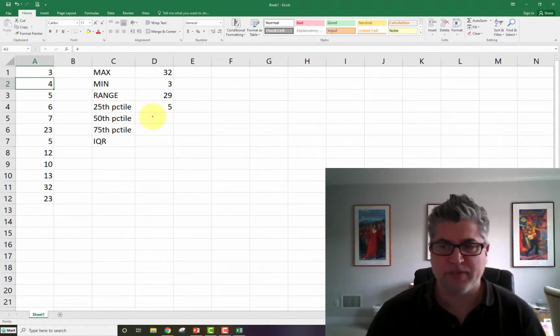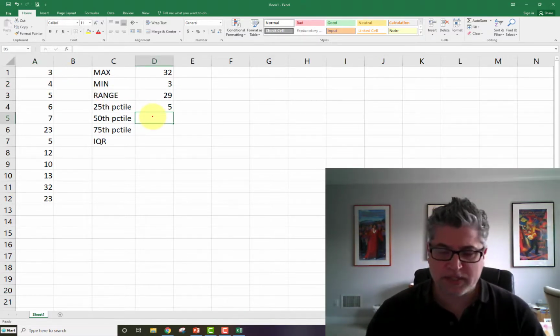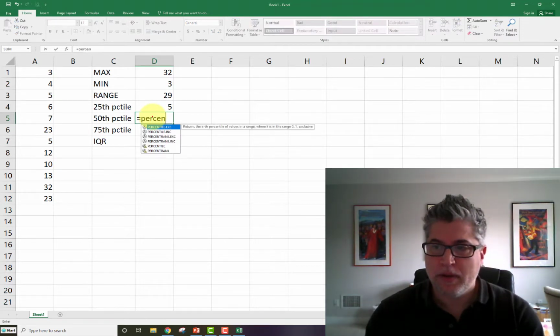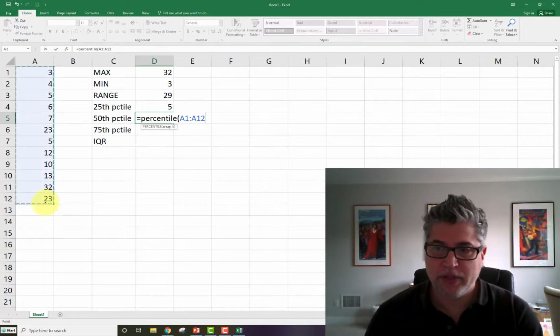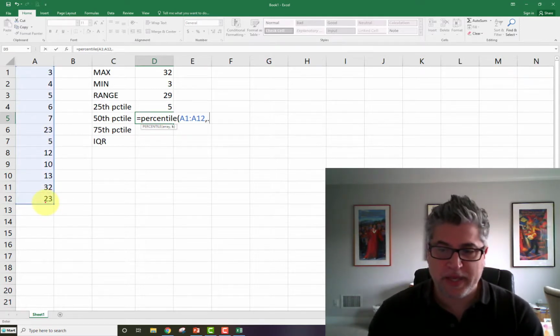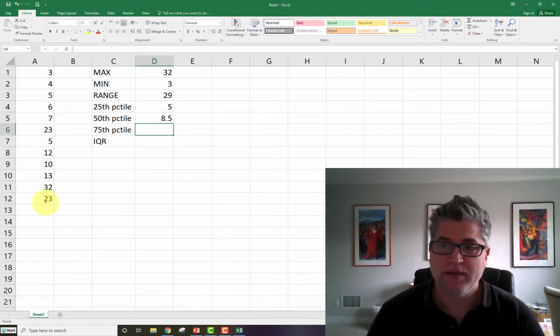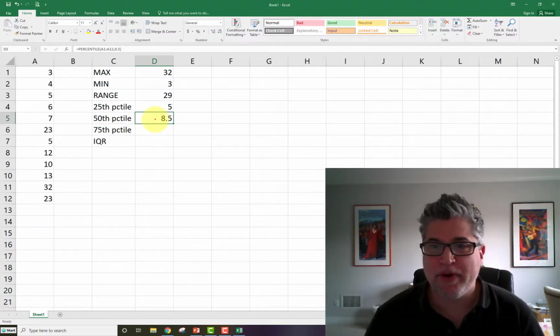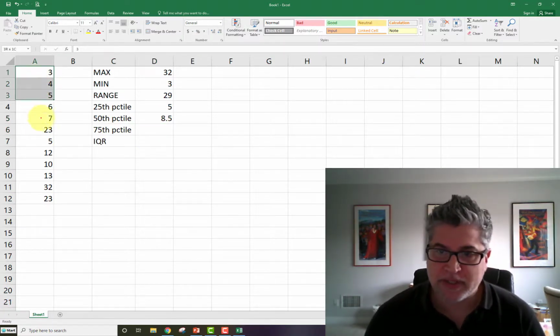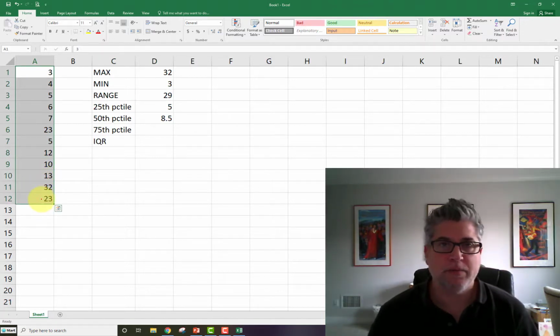What about the 50th percentile? The formula is the same. Percentile, the data range, and now we key in 0.50 for the 50th percentile. Now, notice that it coughs up a number here that's 8.5, and there is no such number here.